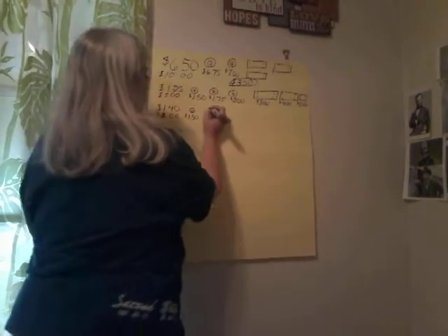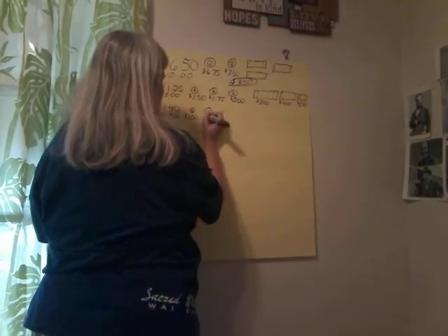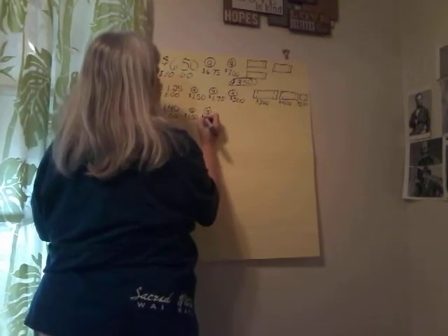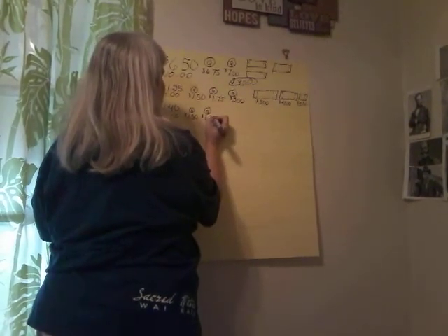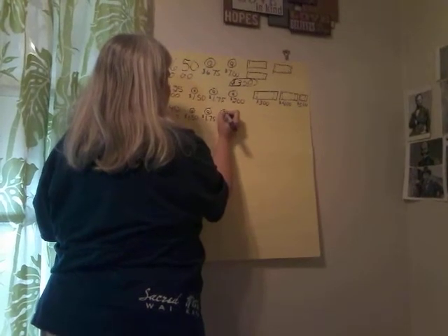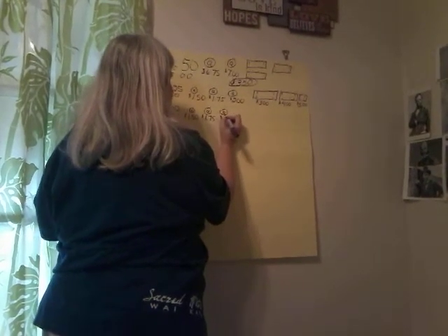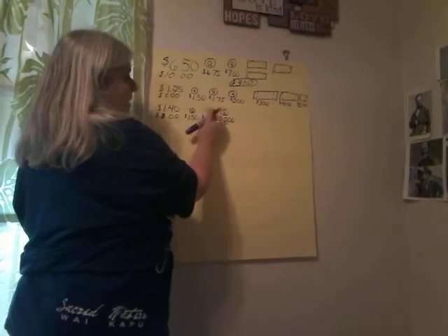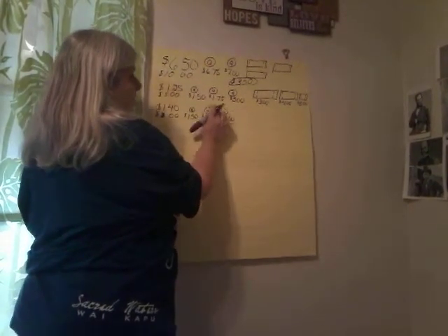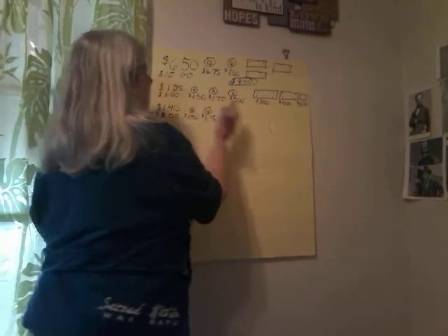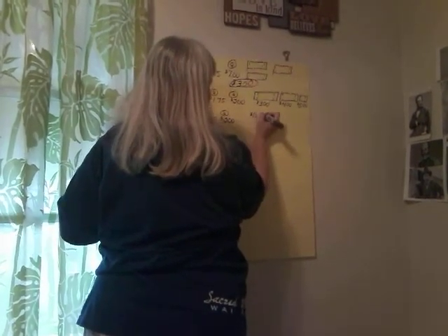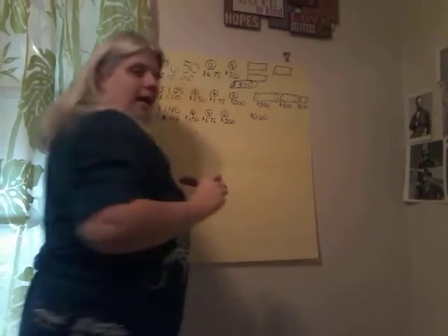So a quarter, we're counting by 25, would then be $1.75. And then another quarter would be $2. So our change would be, we count our change now. 25, 50, 60. So it would be 60 cents.